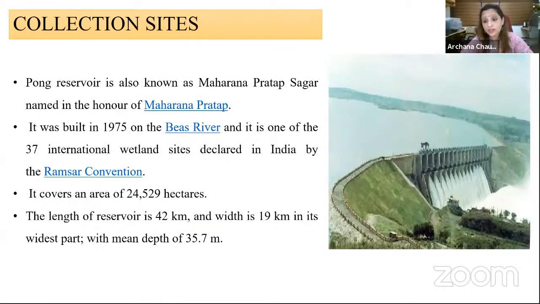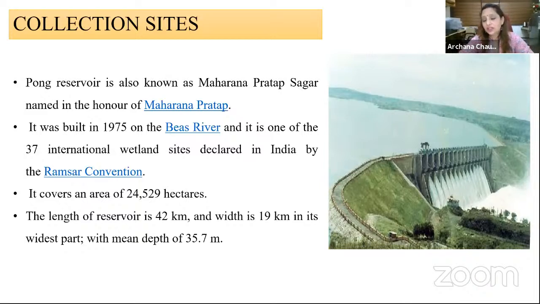Similarly, we have the Pong reservoir, also known as Maharana Pratap Sagar, named in honor of the late Maharana Pratap, and it is built on the Bias River. So Gobind Sagar is on the Satluj River, and this one is on the Bias River.